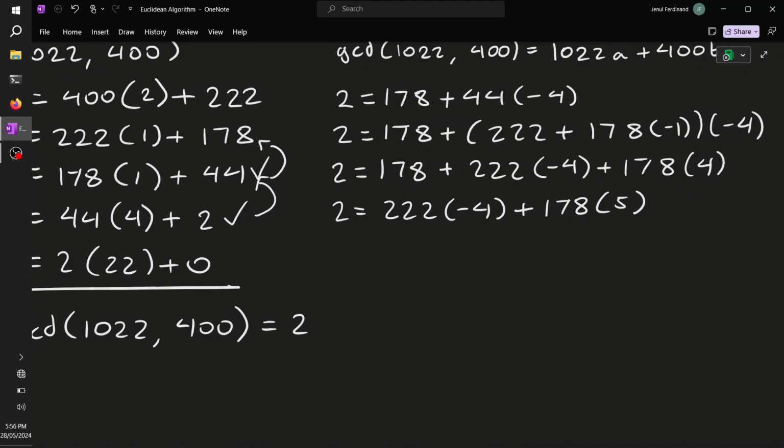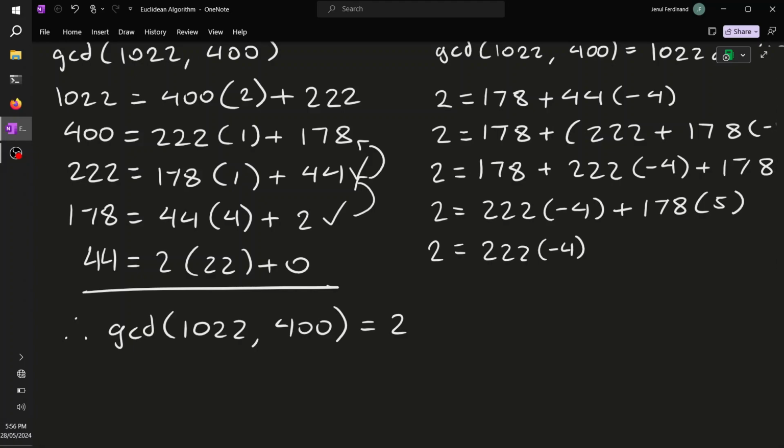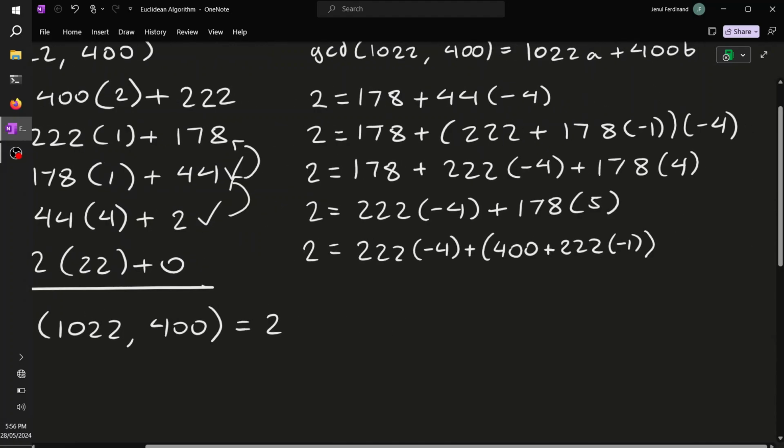Now we move up to this line since we have a 178 here. So we can rearrange this one as well. So 2 equals 222 times negative 4 plus 400, we see 400 plus 222 times negative 1, and then times that whole thing by 5.